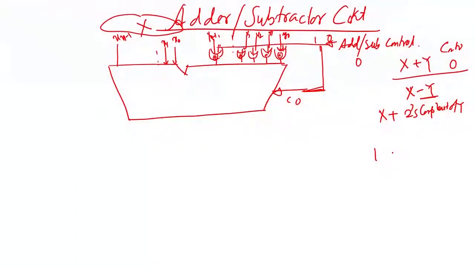So, if the value is 1 and you put control 1, it becomes 0. If it is 0, it becomes 1. So, it is coming as the 1's complement, and then you are adding 1 as the carry in. That is the 2's complement, and now you perform the addition operation. So, this is the adder and subtractor circuit altogether.